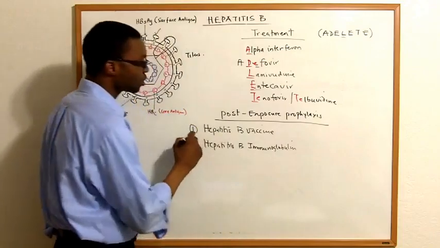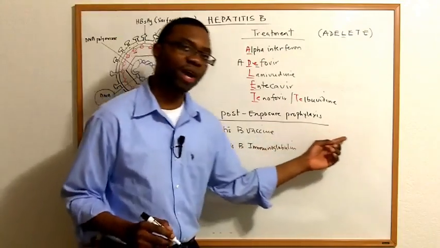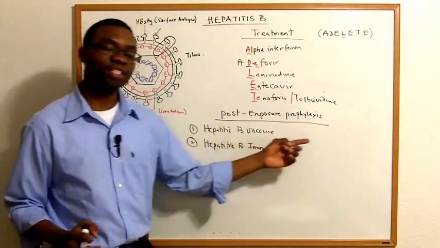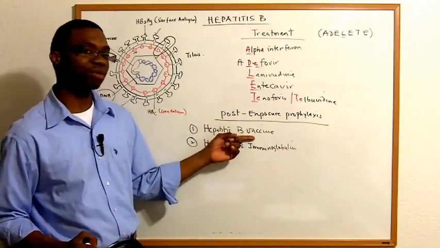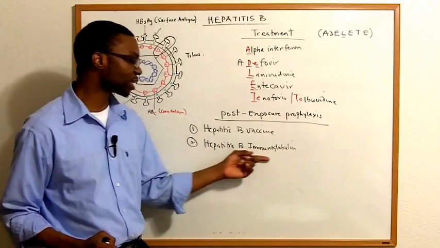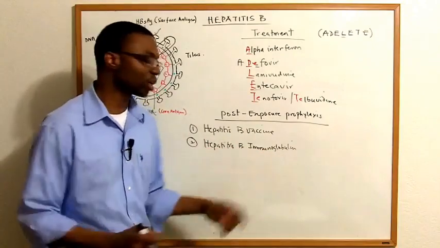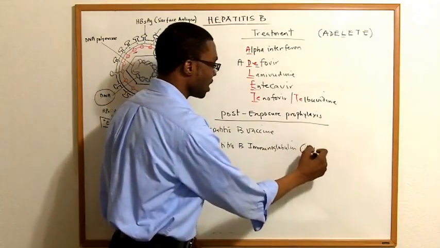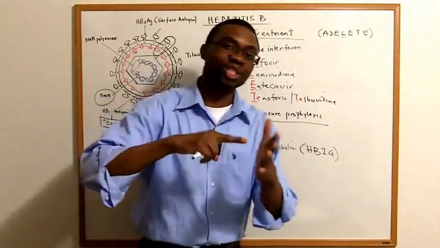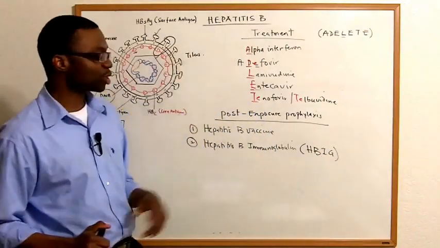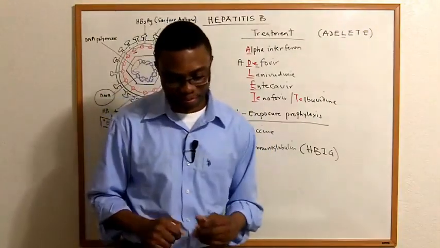So if you get exposed to the virus, through blood or needles, you want to get a vaccine right away. And also you want to get the hepatitis B immunoglobulin, also known as HBIG. It's actually the IgG antibody against the surface antigen.